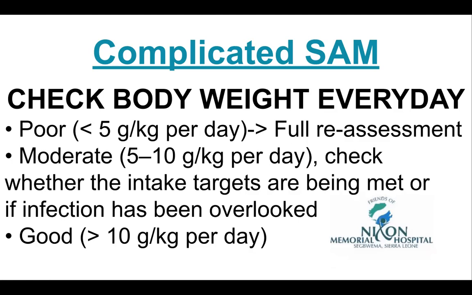Have they finished the milk? Or is the patient still having vomiting or diarrhea? And if the body weight is increasing more than 10 grams per kilogram per day, the weight is increasing very well, so you might consider discharging the patient.